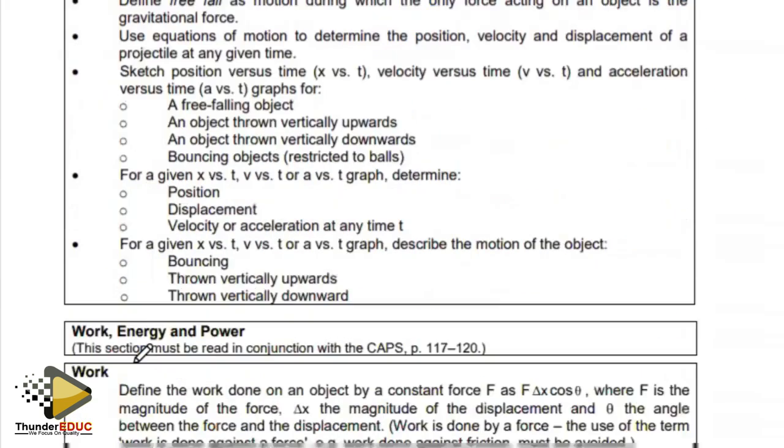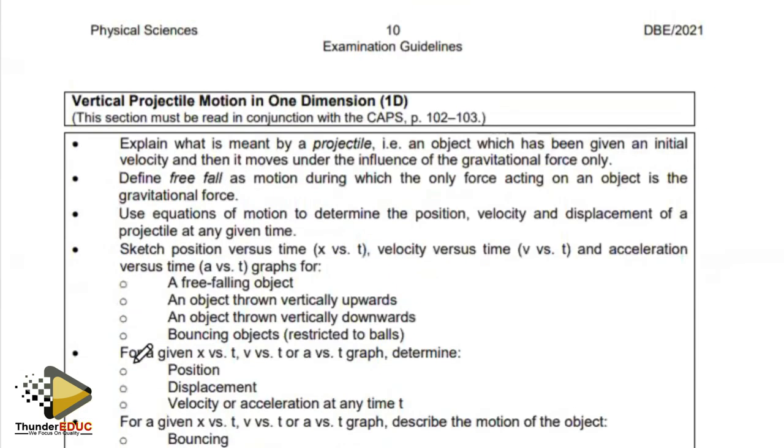Then still under mechanics, we have the vertical projectile, the VP, and in grade 12, we only focus on the 1D, one dimension. So explain what a projectile is: an object with an initial velocity that moves under just the influence of gravitational force. Define free fall, and just know the difference between a projectile and free fall.